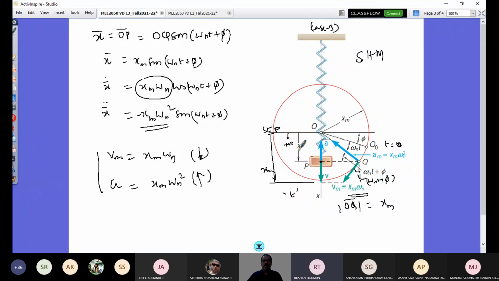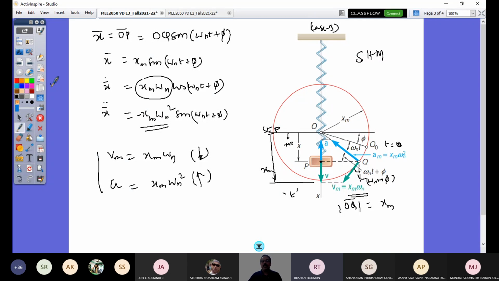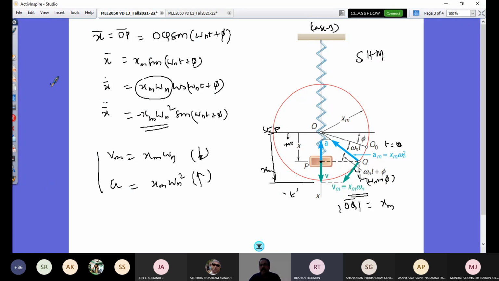Yes, sir. So, sir, this is taken with 3 vectors, right? Yeah, this is taken with 3 vectors because of representing simple harmonic motion, not only by physical observation of its displacement, but also looking at how fast that motion takes place and at what rate the speed changes. That's what is acceleration. All these 3 vectors are representing its motion parameters.